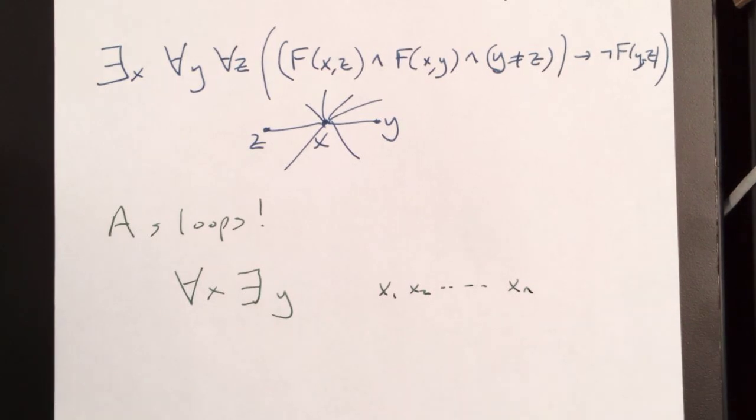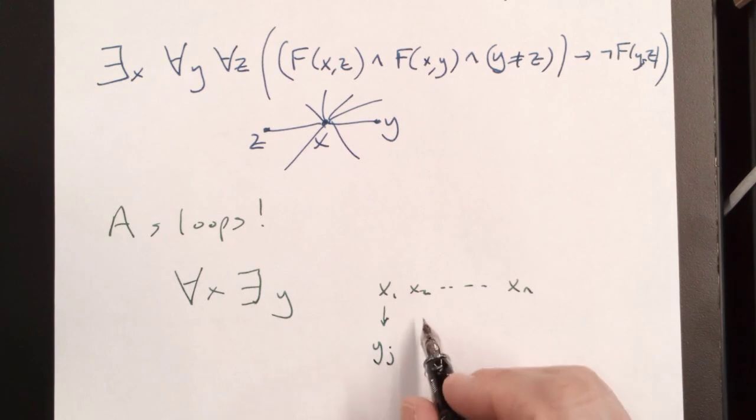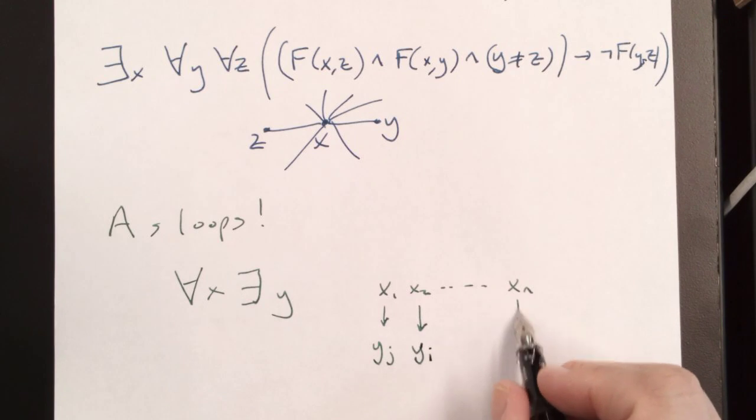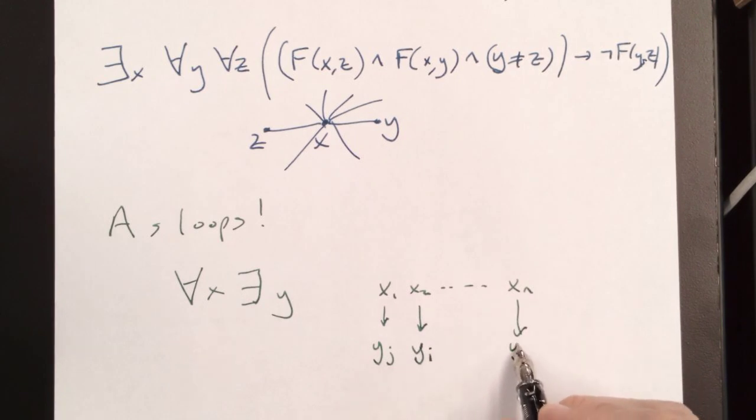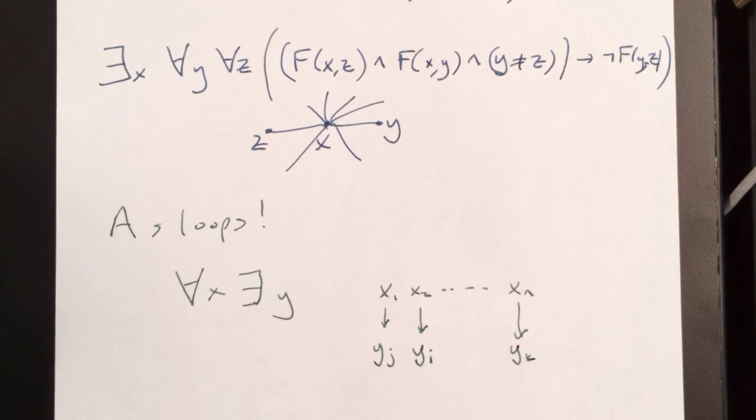Maybe this list is infinite. Maybe it's just finite. But then as I go through it, you can find some y. And I don't know, maybe the same y works in multiple places. It doesn't matter. But each x, I can find one y.